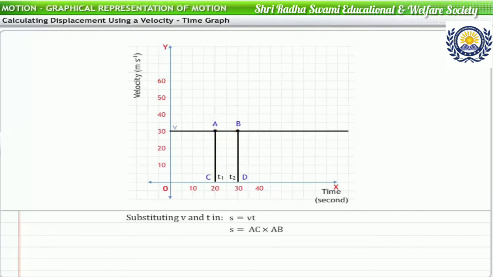This is nothing but the area enclosed in rectangle ABCD under the velocity time graph. Thus, in this case, the displacement of the car is equal to 30 meters per second multiplied by 10 seconds is equal to 300 meters.